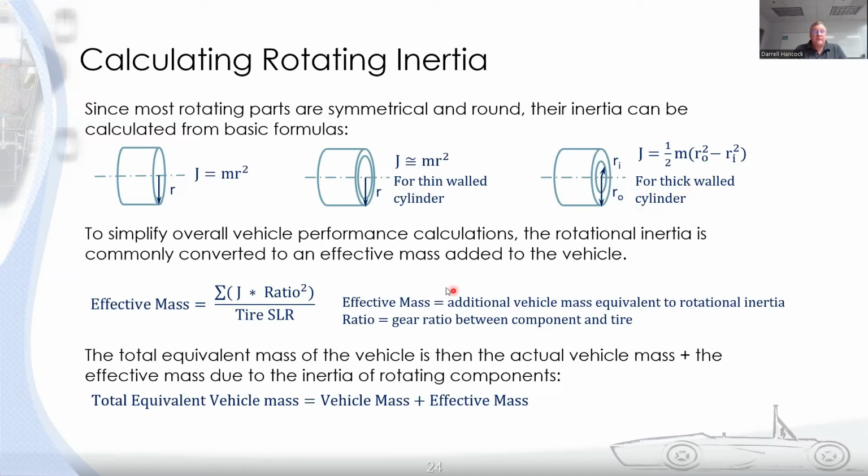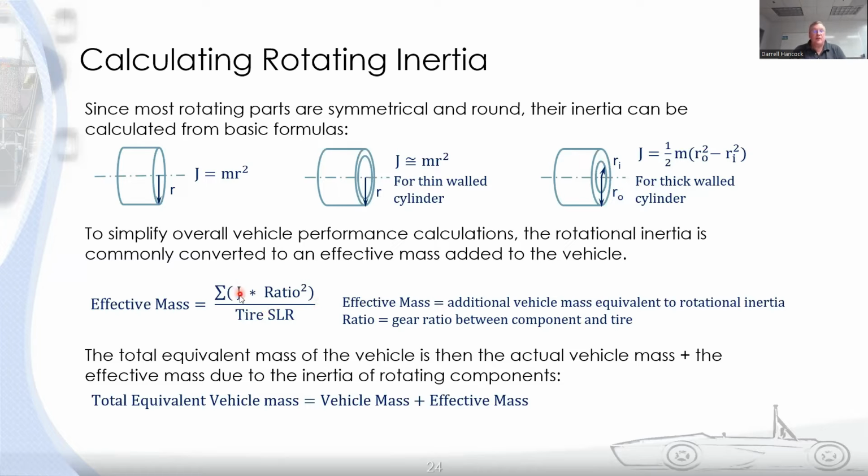So then you have to convert that into an effective mass once you have your part inertias calculated. What we typically do is convert that into an effective mass that's added to the vehicle. Rather than separate out the rotational inertia, we convert it to a linear mass, a term that's going to be moved with the linear acceleration of the vehicle.